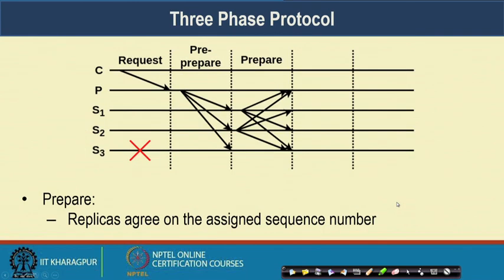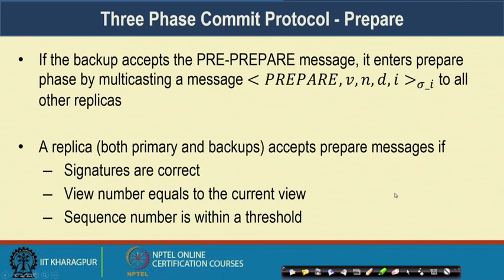The second phase is the prepare phase. In the prepare phase, this secondary sends a prepare message to all the replicas. So, let us look into this prepare message in detail. If the backup accepts the pre-prepare message, then it enters this prepare phase, and in this prepare phase it multicasts a prepare message.